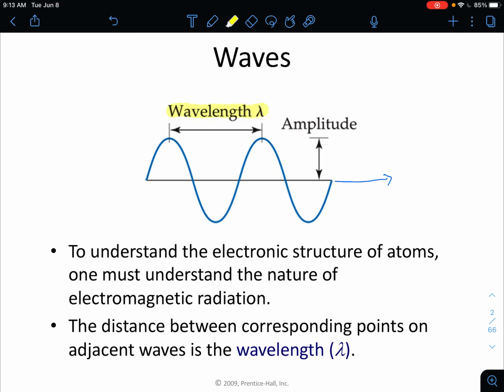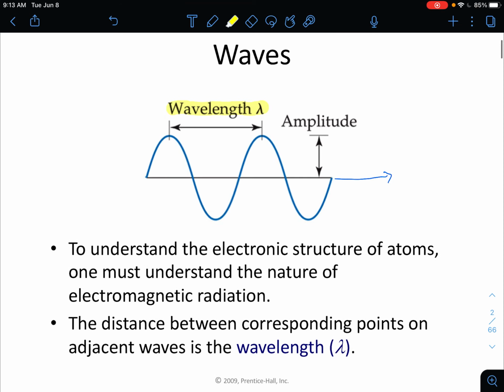One is the wavelength, and I think the easiest way to visualize the wavelength is to think about this peak-to-peak distance. We can measure this in all sorts of units. This is lambda, what we use to symbolize wavelength. It could be in meters or centimeters. We're going to see it fairly often in nanometers because that corresponds to the wavelengths for visible light. That's something we're going to want to be able to think about as we go forward.